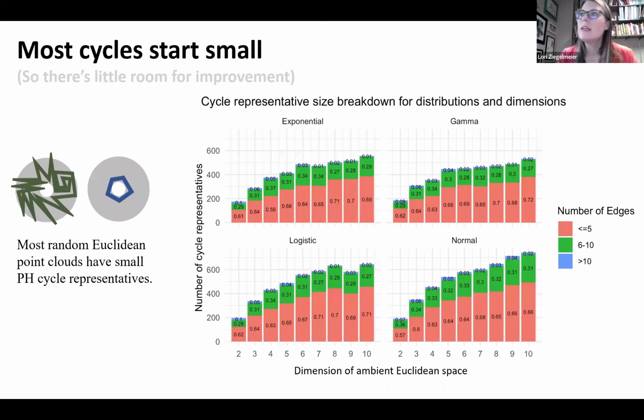So this is an experiment where we took all of the 360 different point clouds of different distributions and dimensions, and we just looked at the original cycle structure, so the number of edges within that. And we see that the vast majority of those had 5 or fewer edges in the original cycle representative.